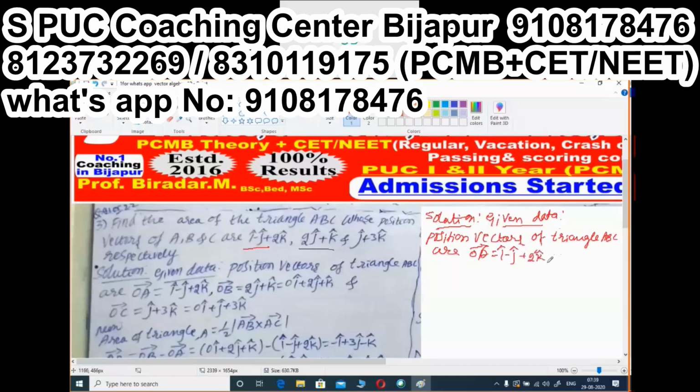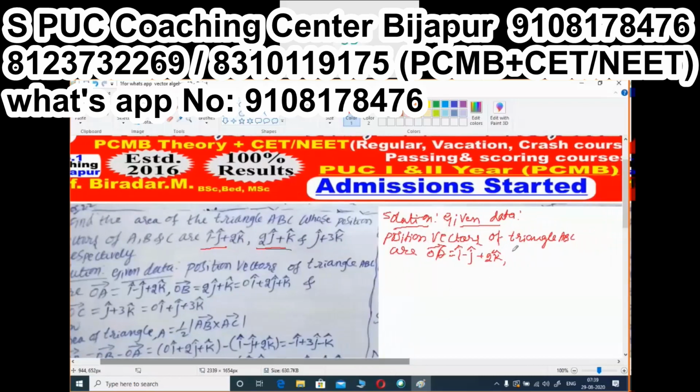Similarly, what about the second vertex B? Its position vector he has given. First, whatever he has given, write that as it is. Thereafter, take the missed term as 0 times. He has given 2j cap plus k cap.